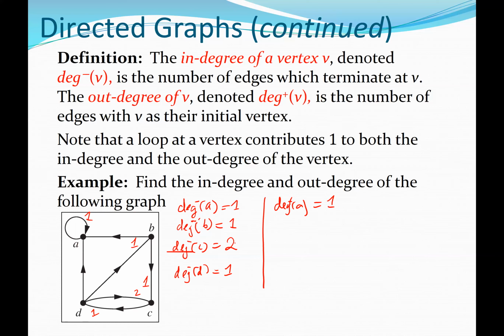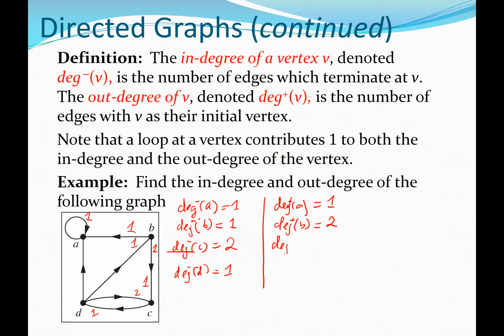So I have a loop, so it has one coming out, one coming in. The out degree of B. B goes to A, and B also goes to C, right? So you have one here, B goes to A, and B goes to C. So the out degree of B, you get two here.